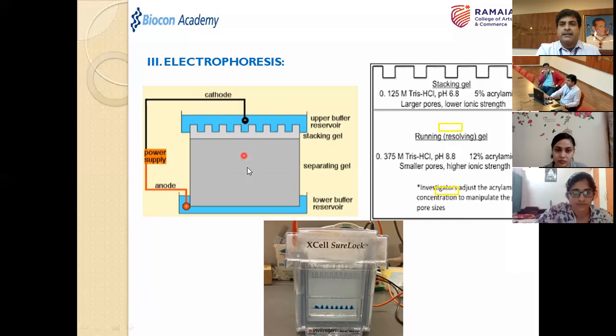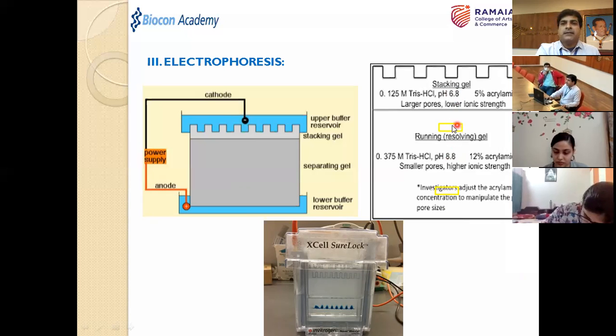So here this gradient is because of the concentration and pH. The upper one is called the upper gel, that's the stacking gel, and the lower gel is called the resolving gel. Resolving gel, because actual resolution of the protein takes place in the lower gel. So resolving gel and stacking gel, they are distinct. That's why it is called gradient gel electrophoresis, your SDS page.